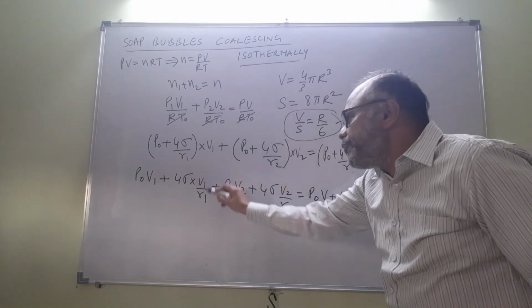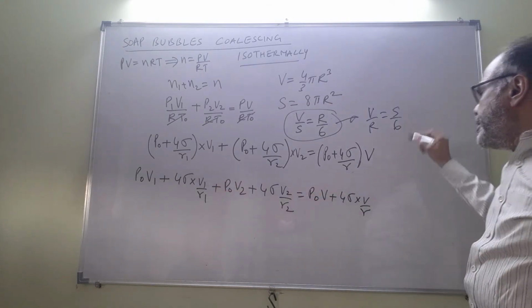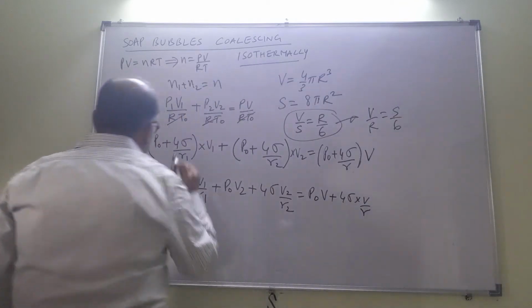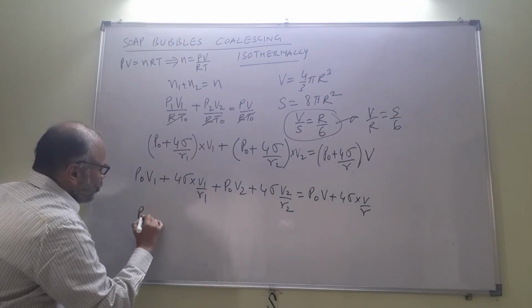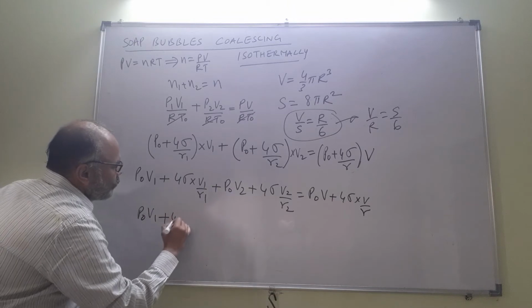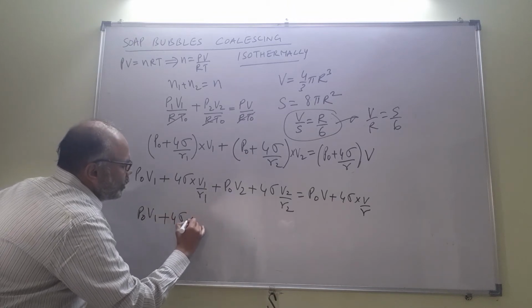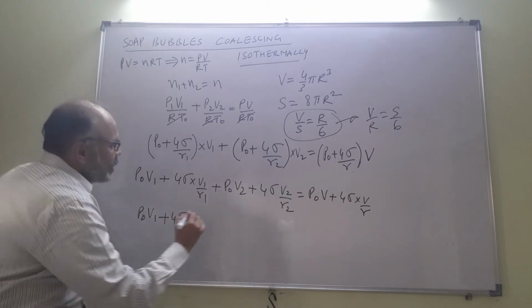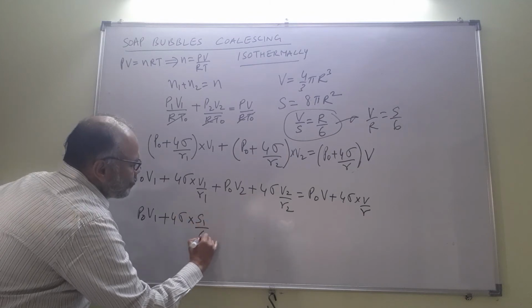So wherever there is V by R, we are going to put surface area by 6. So I will have here P naught V1 plus 4 sigma into S1 by 6.